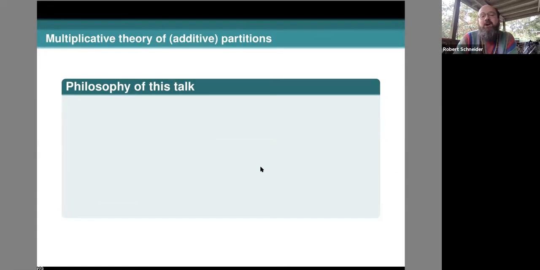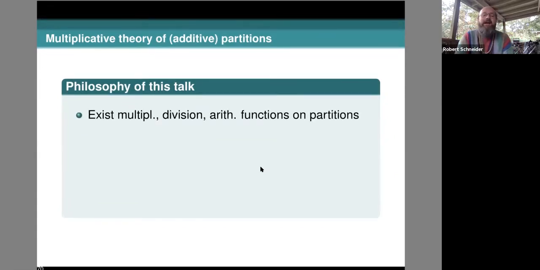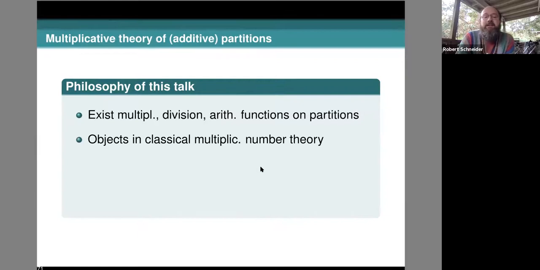The philosophy of this talk then is that there exists a multiplication, a division, there are arithmetic functions on partitions, and these are the same exact forms that we study in multiplicative number theory, but translated into the theory of partitions.